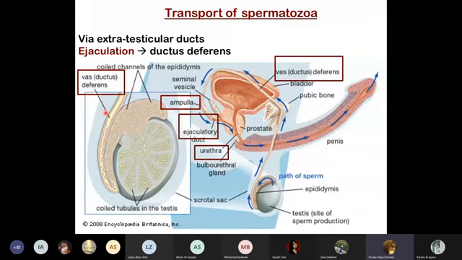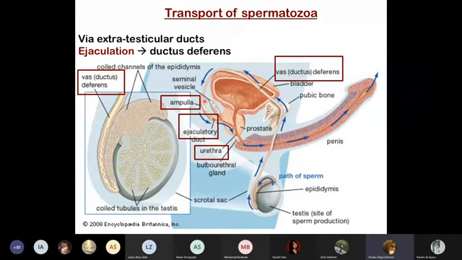Once they reach the tail of the epididymis, they need to pass into the vas deferens, and they move through the vas deferens, as we mentioned. They reach the ampulla. Here, in the ejaculatory ducts, they get mixed with secretions from the seminal vesicle. Then they continue, and get mixed with secretions from the prostate gland.